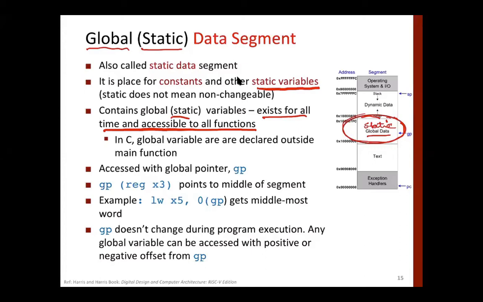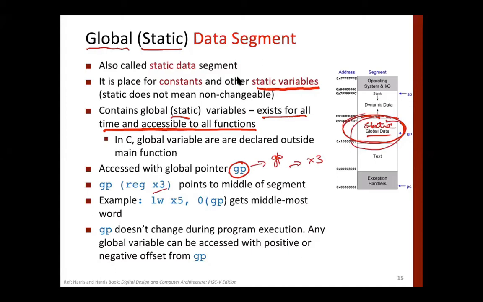Okay, good. How do you access this? There is a pointer called the global pointer. Look at the 32 registers. Out of those 32 registers, there is a register called GP, which represents the global pointer, or it's nothing but register X3. When we name these 32 registers, you will find something called GP. Now this GP does not change. Its location is the middle of this area.